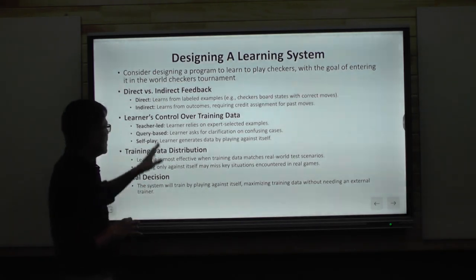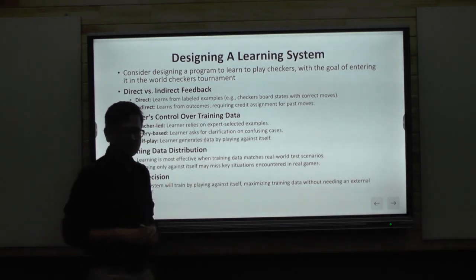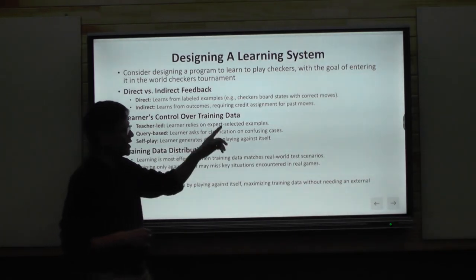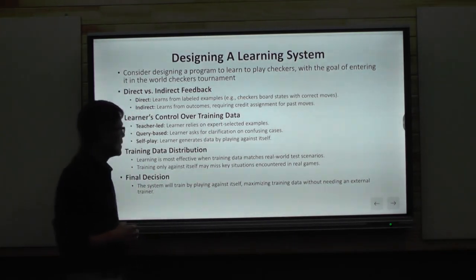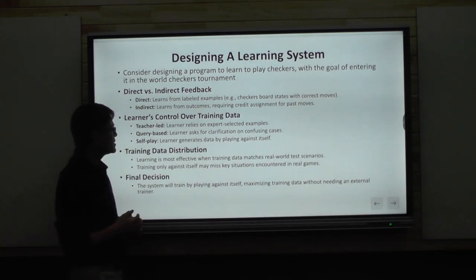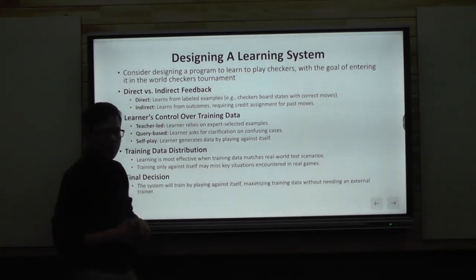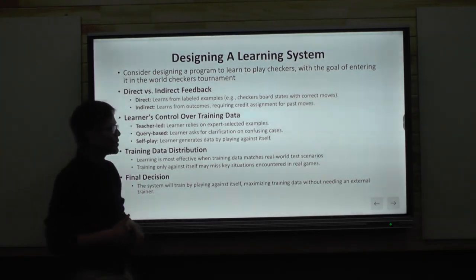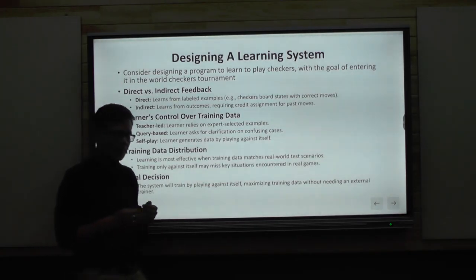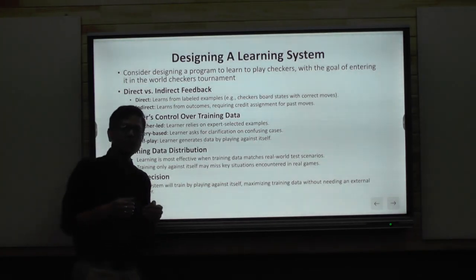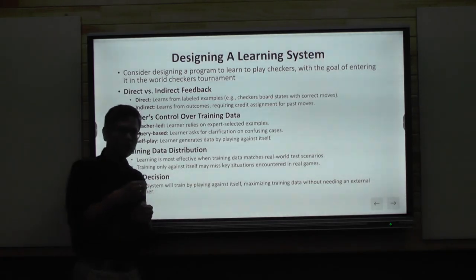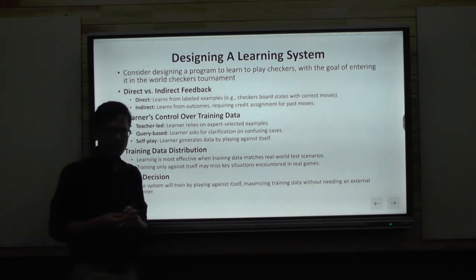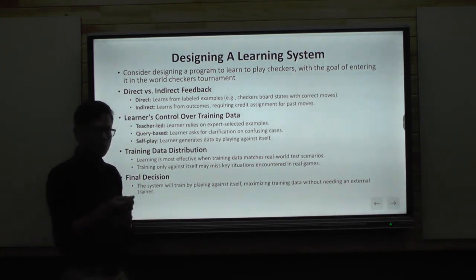Direct feedback means learning from labeled examples, checkerboard states with correct moves, while indirect feedback means learning from outcomes, requiring credit assignment for past moves. So if you have a set of 3 moves and you choose, let's say, the second move, what score do you actually get?